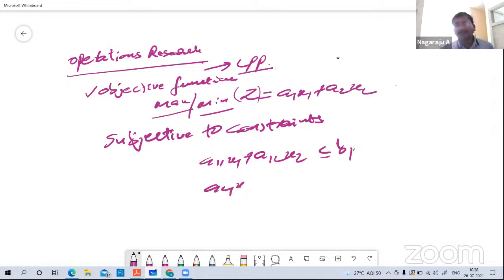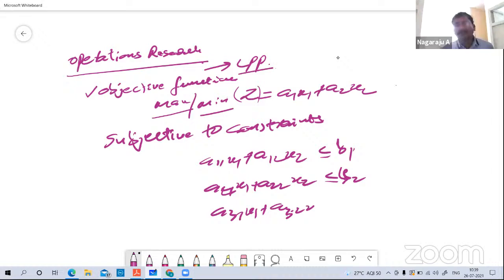And a21x1 plus a22x2 is less than or equal to b2, and a31x1 plus a32x2 is less than or equal to b3. And similarly, we can take any number of constraints as per requirement.